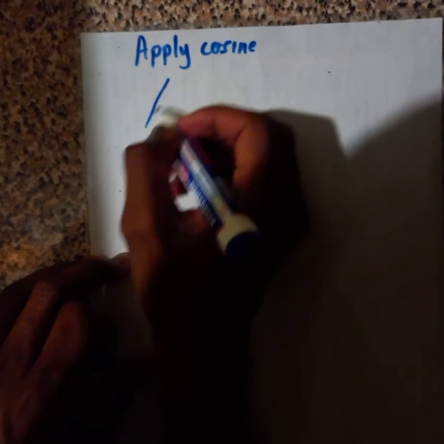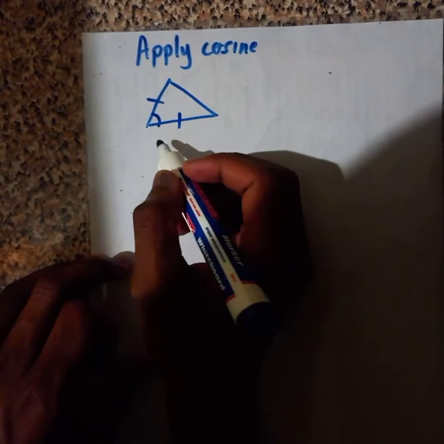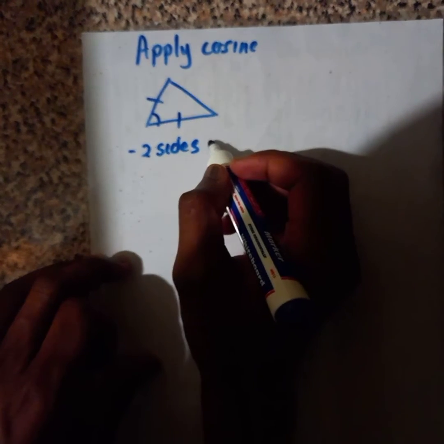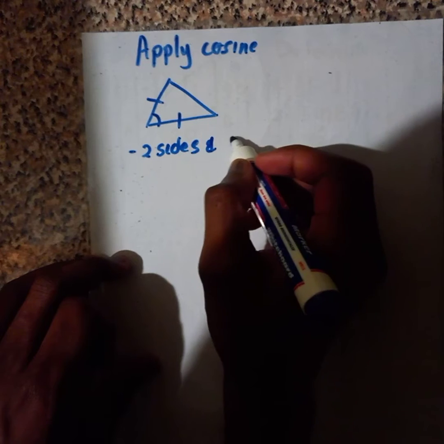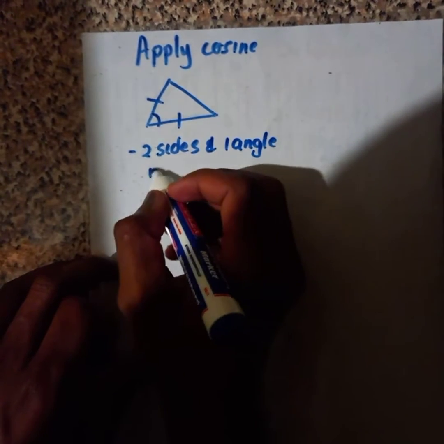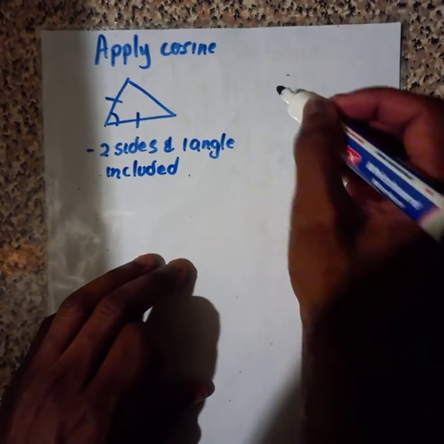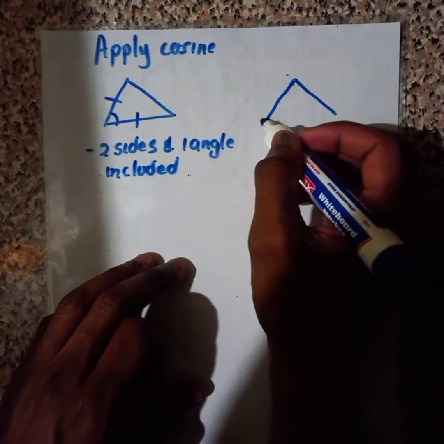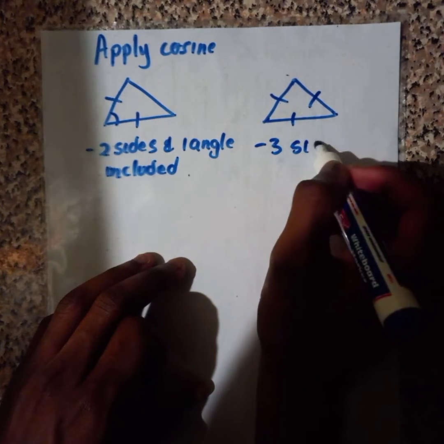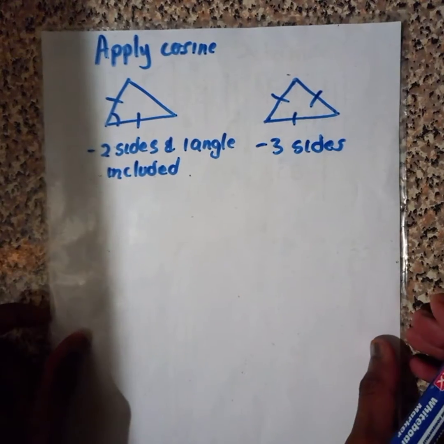If only we have two sides and one angle included, we use the cosine rule. Or if we have three sides, then we use what? The cosine rule.